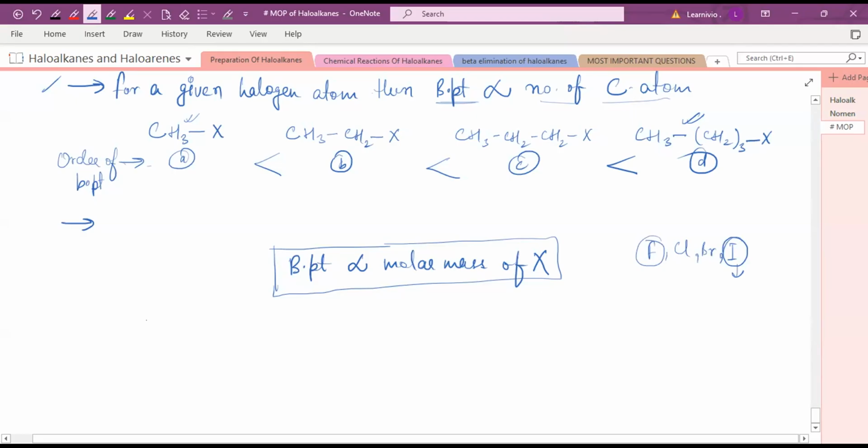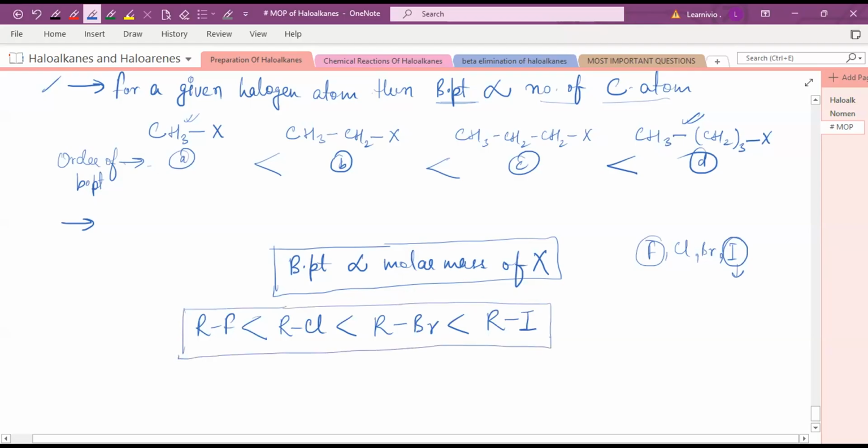So the order will be: RF has the minimum boiling point, then RCl, then RBr, and the highest boiling point is in alkyl iodide.